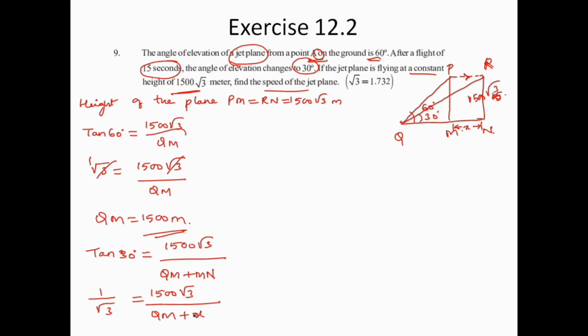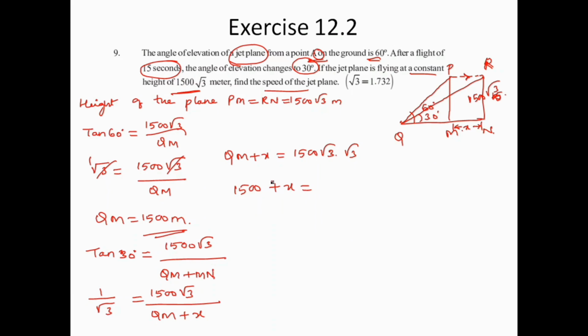MN is your x value. Okay. So let us substitute these values now. So QM plus x is equal to 1500 root 3 into root 3. As you know, you are having the double roots, and QM value is how much? 1500 plus x is equivalent to how much?